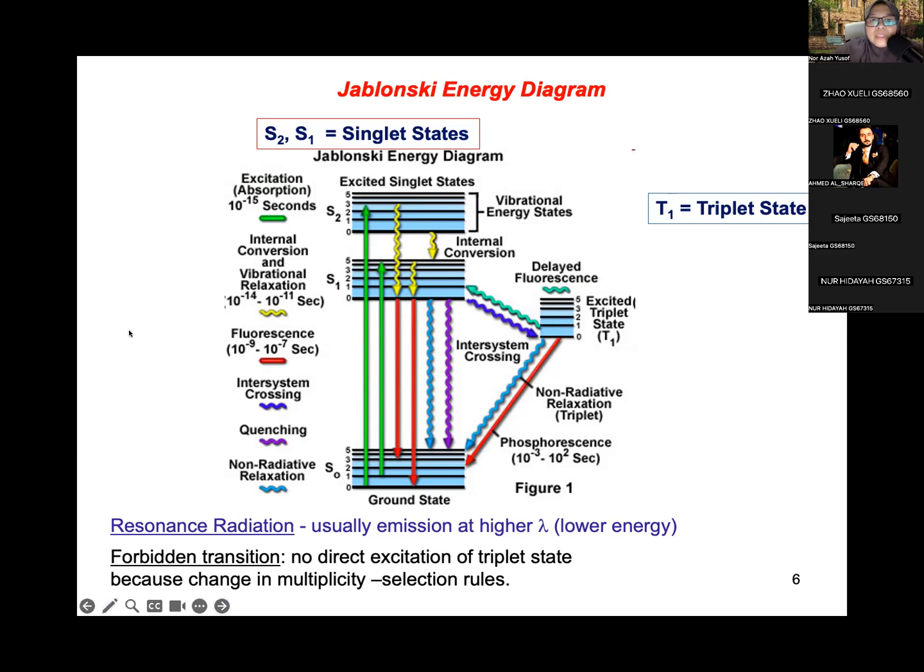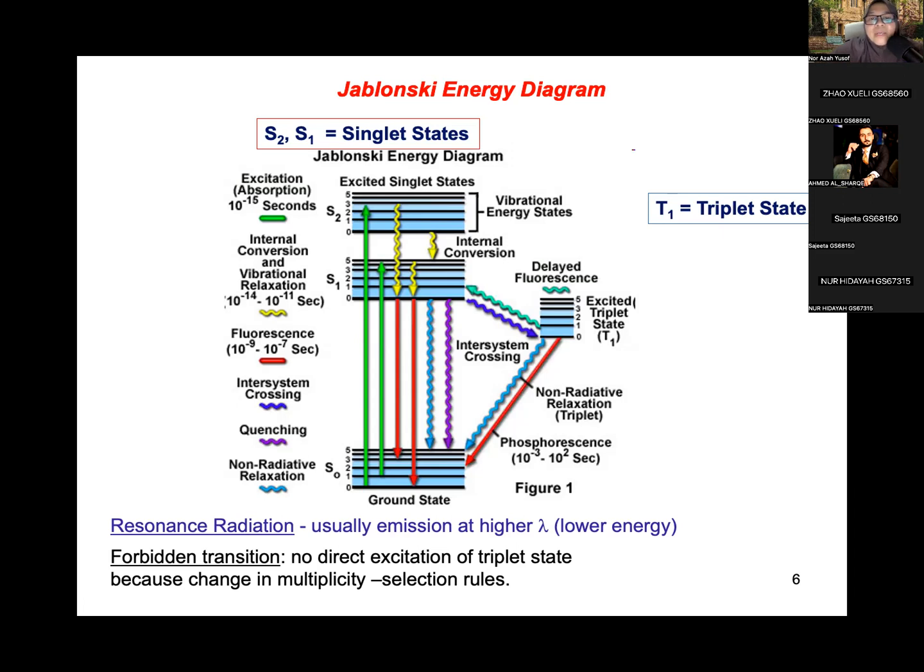This Jablonski energy diagram is very important for you to understand how the electron is excited, and which process produces the UV-vis spectrum or results in the fluorescence spectrum.